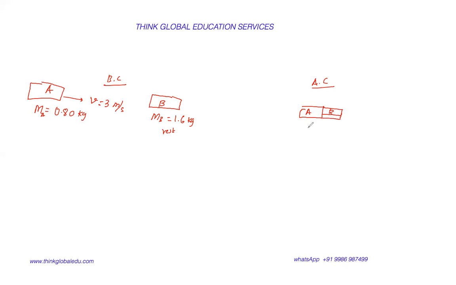Now, the combined mass of the trolleys, MA plus MB, is equal to 1.6 plus 0.8. This is the combined mass of the trolleys. Now, they both have a common velocity, which is 1.0 meters per second.